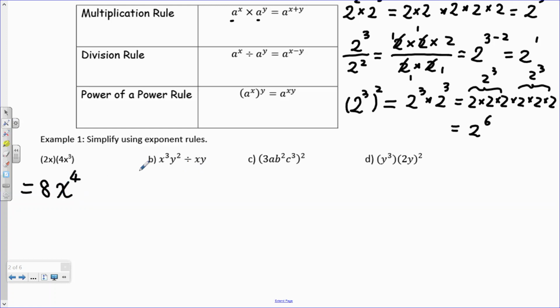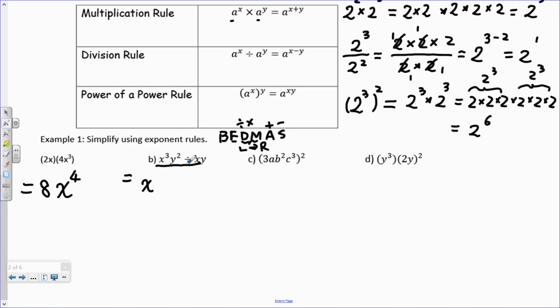And for this one, we need to follow the order of operations. For multiplying and dividing, you need to go from left to right. So we need to do this part first, divide by x first. x cubed divided by x, same base, so the degrees subtract.